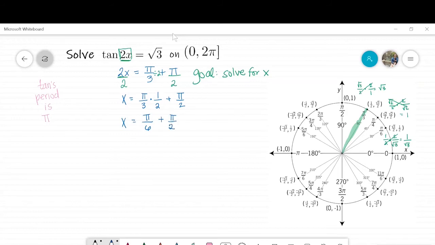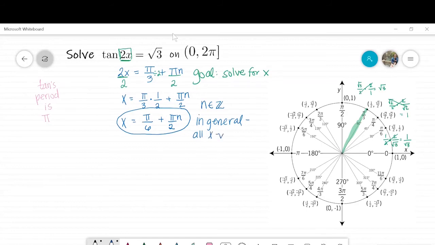And one thing I forgot here is I need an n attached to this one, where n is an integer. So this represents the general solutions. We'll highlight that here. This is in general, right? This is all angle, or all x values, I should say.